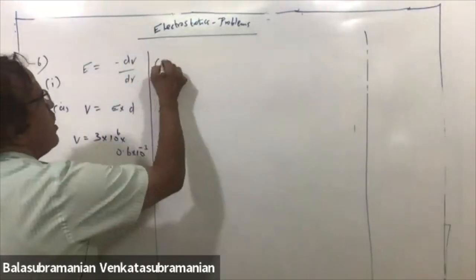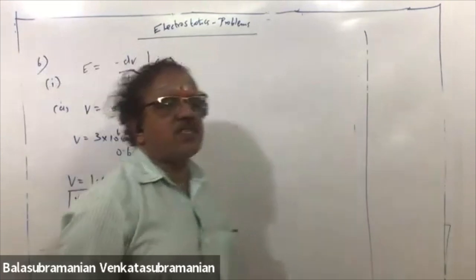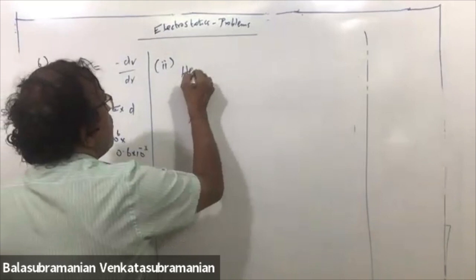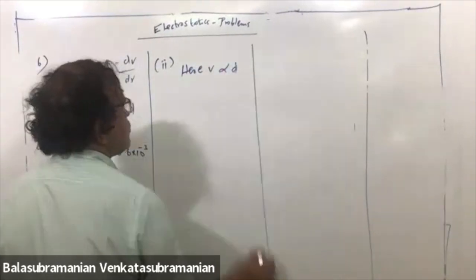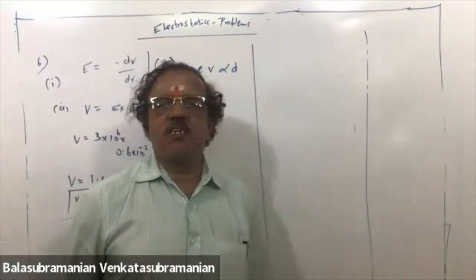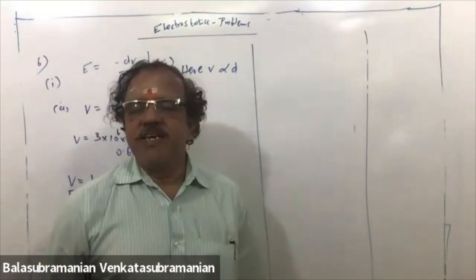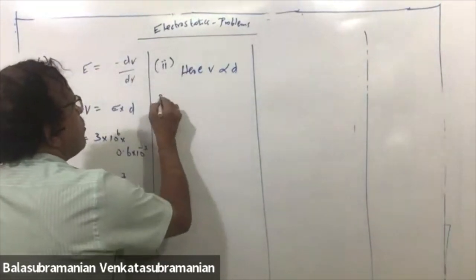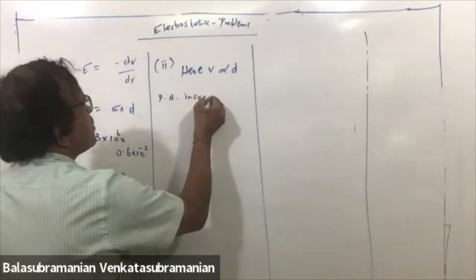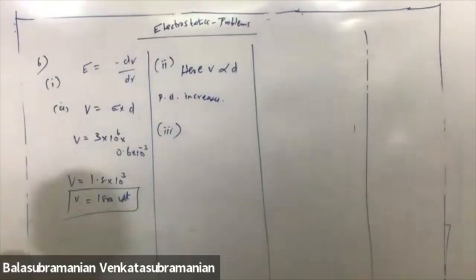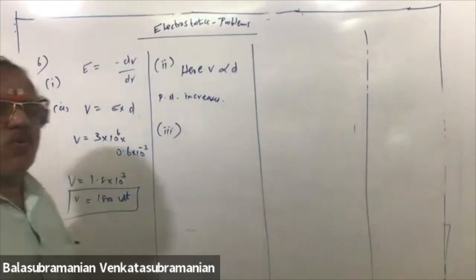Second, if the distance between the plates is increased, what happens to the potential difference? Here, V proportional to d. Potential difference and the distance of separation, it is directly proportional. So I can write potential difference increases. Third, what is the potential difference if the gap is 1 millimeter?